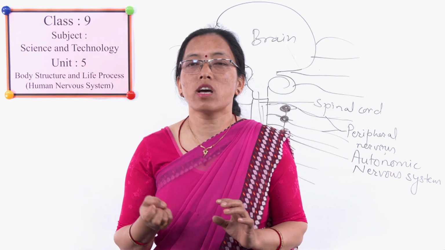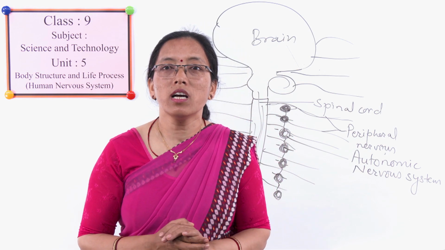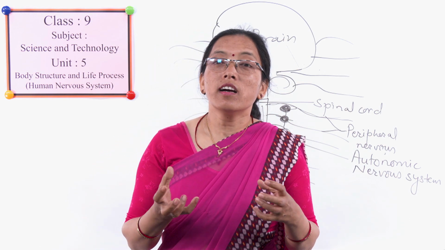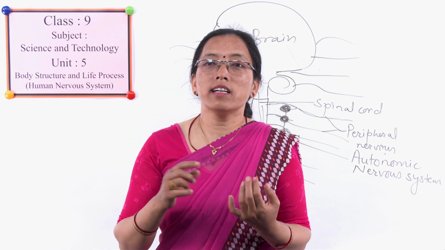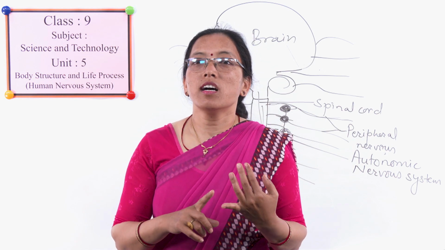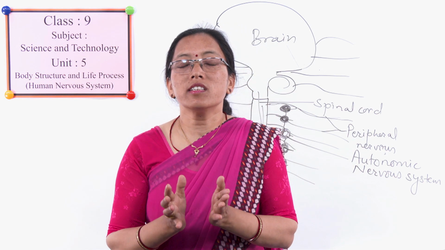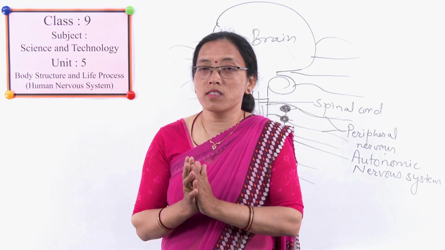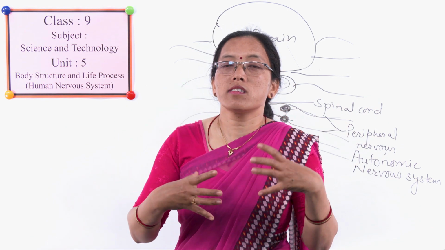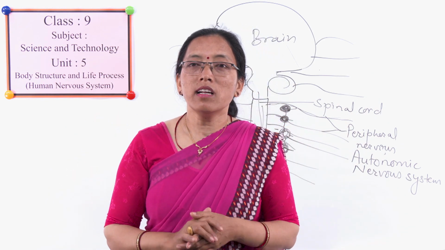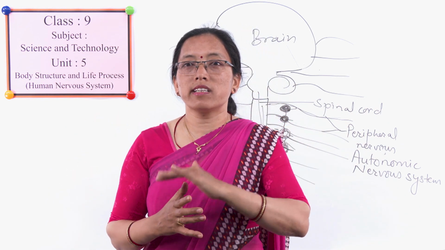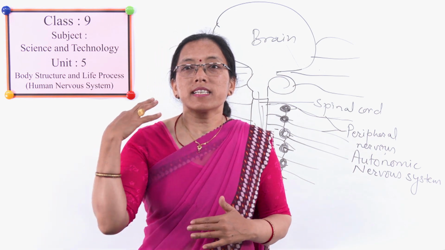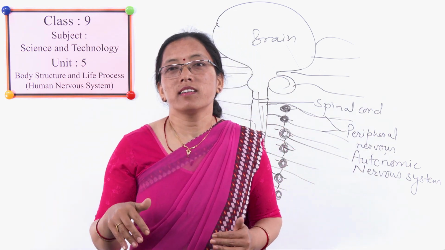We have learned different examples of reflex actions, and how reflex action is carried out with the help of these three nerves. What is the peripheral nervous system? Already you know: it connects the central nervous system with the other parts of the body. It is divided into two parts: cranial nerves and spinal nerves.